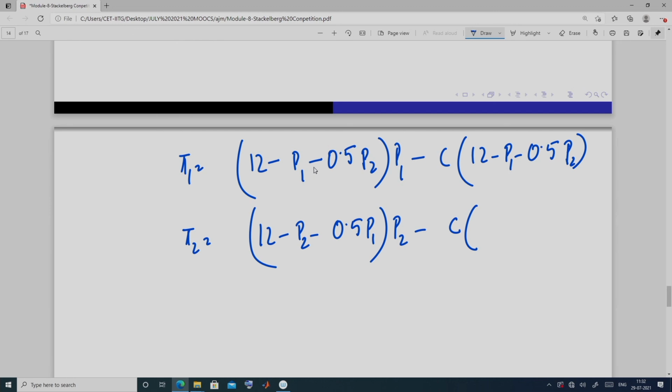So, there is a negative sign. So, it means the products are, if the price increases, then demand goes down, or if P2 increases, demand for good 1 goes down. So, it means goods are complementary in nature.